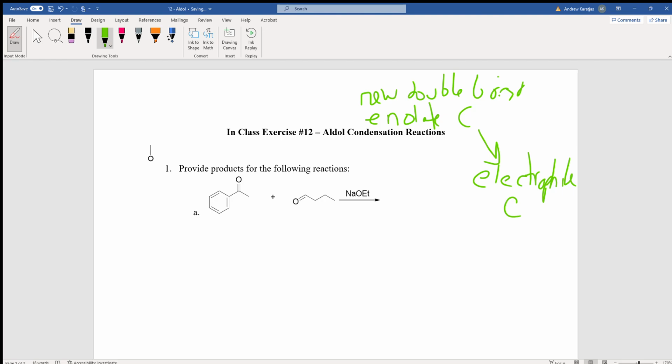So once we've identified those, the rest becomes straightforward, and we can draw in our new bonds.